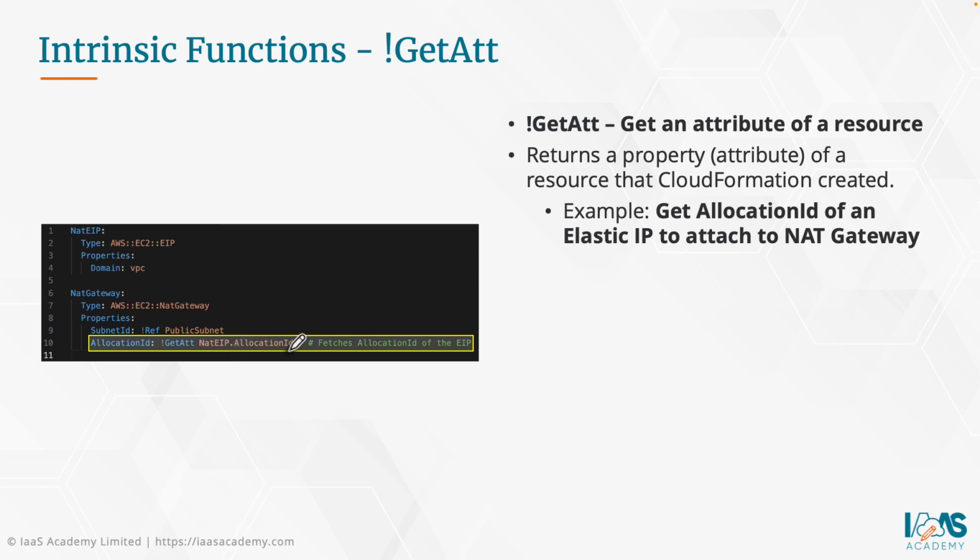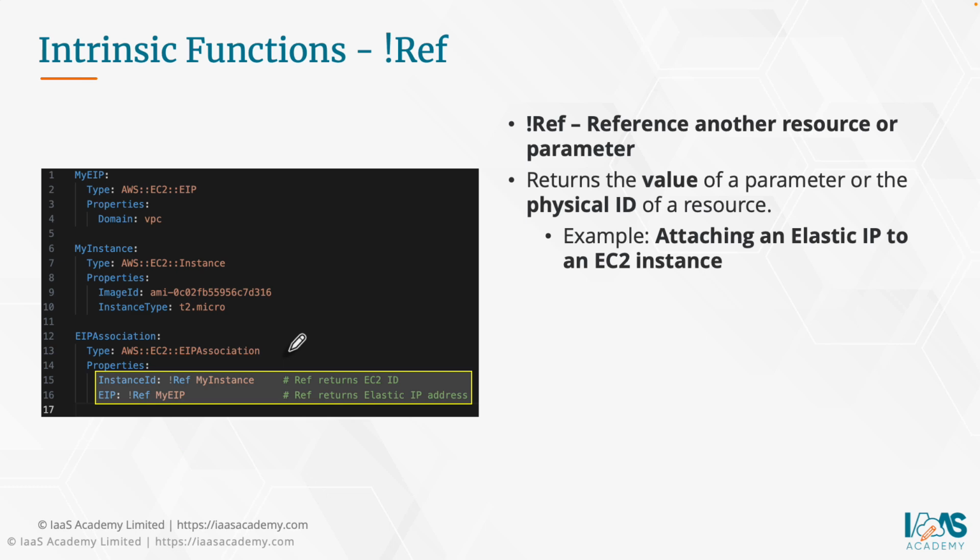The next intrinsic function that I want to quickly talk to you about is Ref. We've already taken a look at this multiple times earlier, but just to reiterate, the Ref intrinsic function essentially references another resource or parameter. It will either return the value of the parameter or the physical ID of the resource.